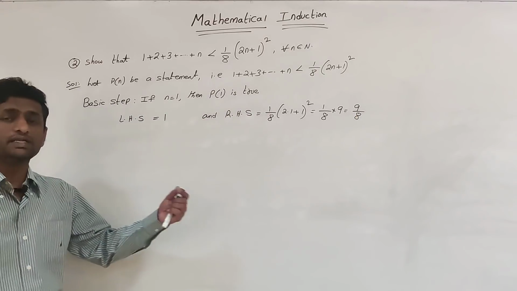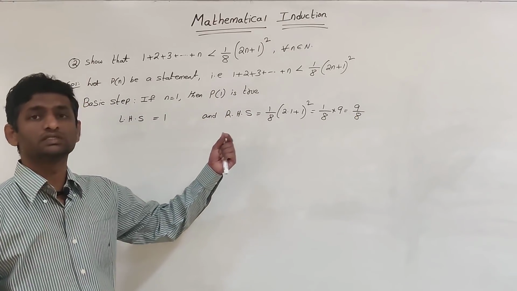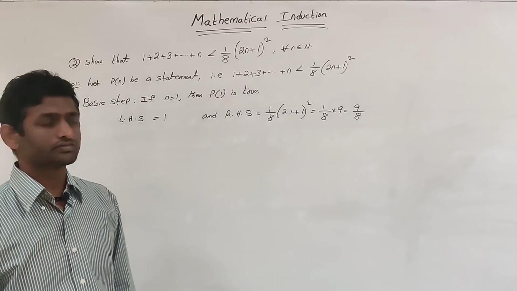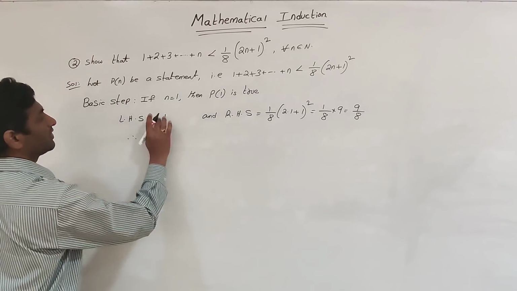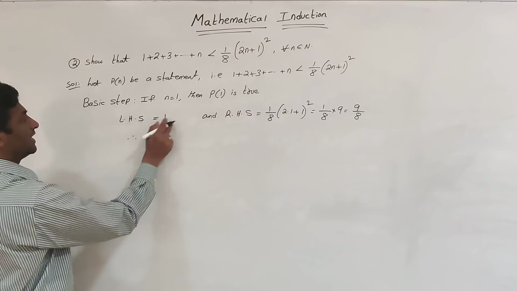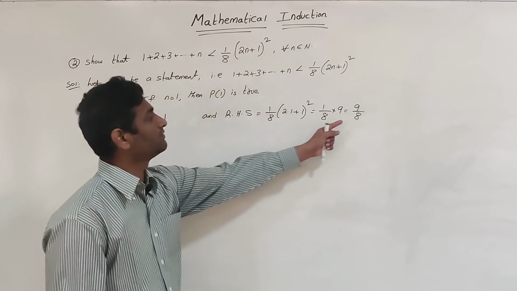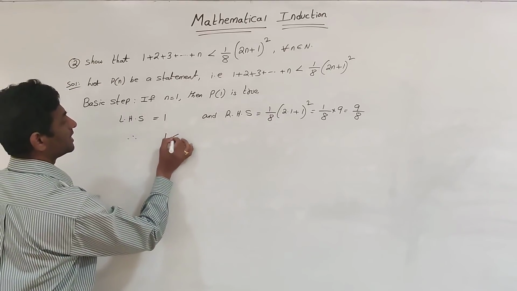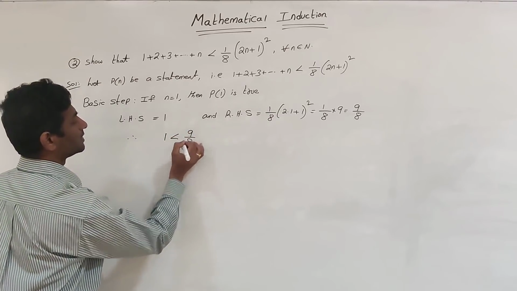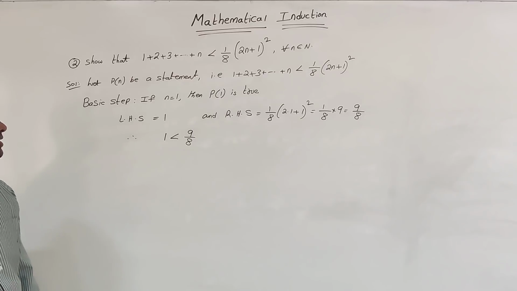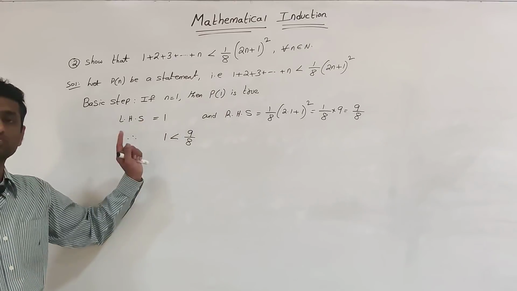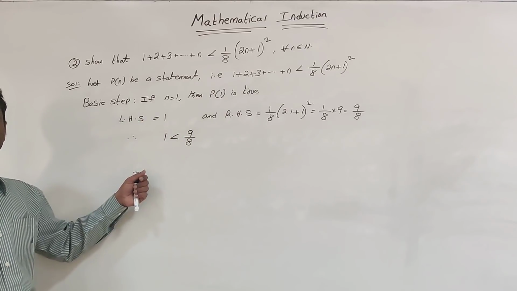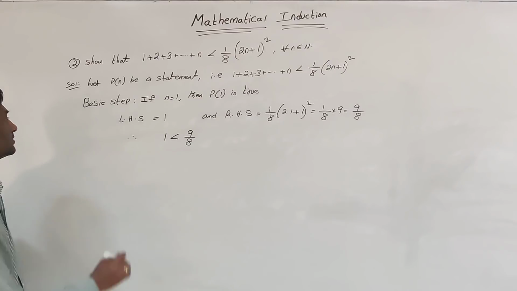So 9 by 8 is a value which is greater than 1. So what we can conclude is the left hand side value is 1 and the right hand side value is 9 by 8. So we can say that 1 is less than 9 by 8. It is always true. So as the statement is true for n is equal to 1, we have to go for the inductive hypothesis.